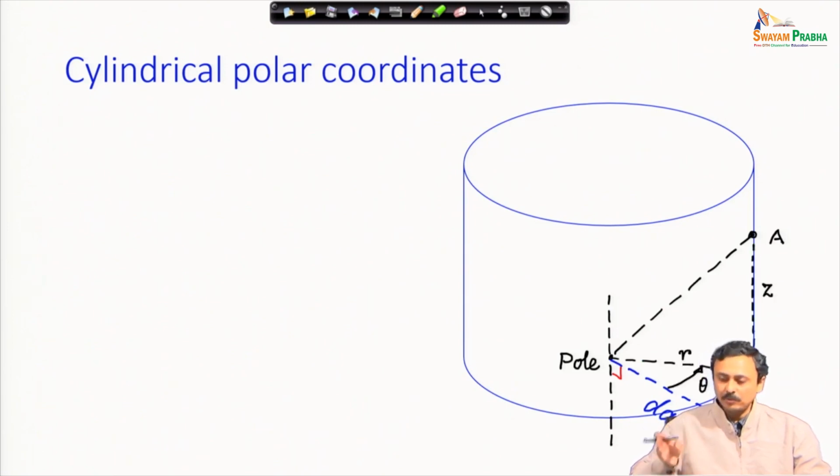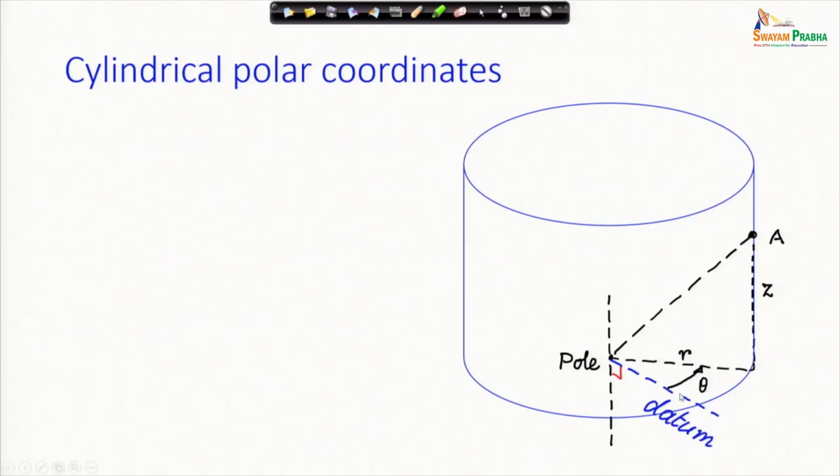Then I drop down from A a line which is parallel to the axis of the cylinder, and wherever it meets the plane of the datum line, that distance is r. So, r is essentially the radius of this imaginary cylinder, and theta is the measure of this radial line from the datum line. Remember, the datum line is perpendicular to the axis of the cylinder, so this radial line is also perpendicular to the axis.